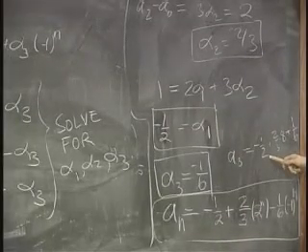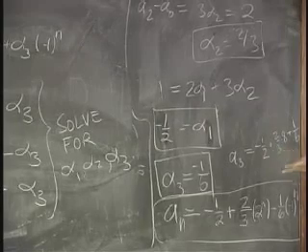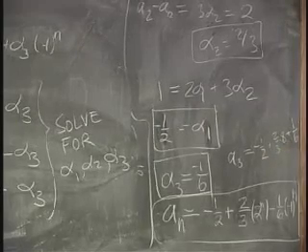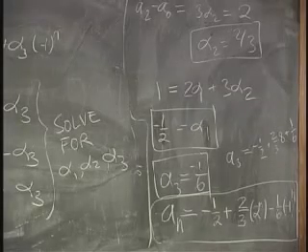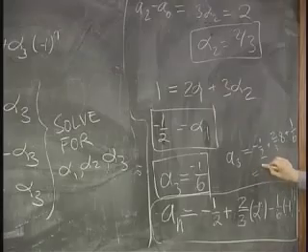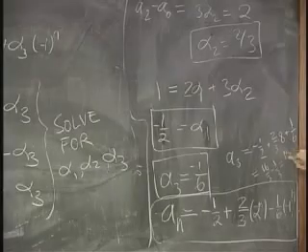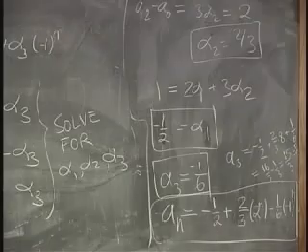Let's see what this adds up to. This is minus 2/3 plus 16/3 minus 1/3, so 15/3. Yay, it's 5, so we actually did the right thing.